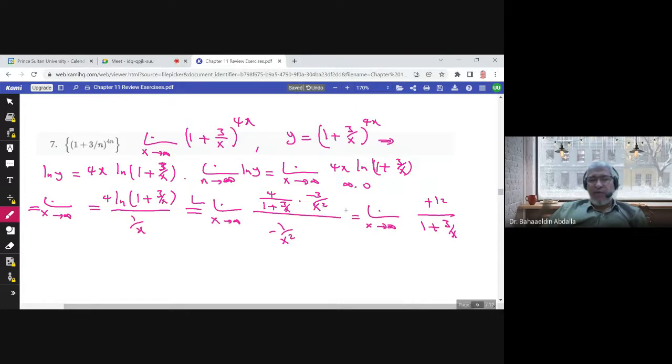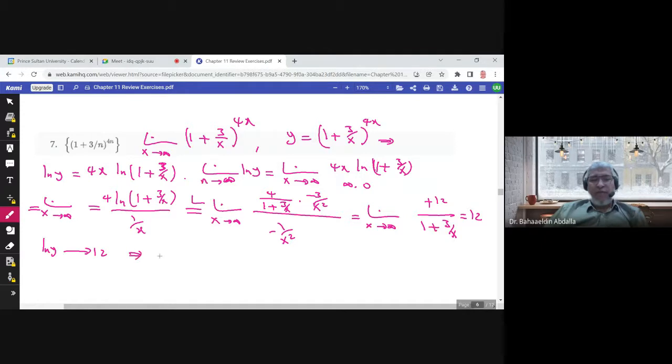The 3 will be multiplied by 4, so I have 12 over 1 plus 3 over x. If I replace x by infinity now, 3 over infinity is 0, 12 over 1 is 12, so the limit is 12. So ln y goes to 12.